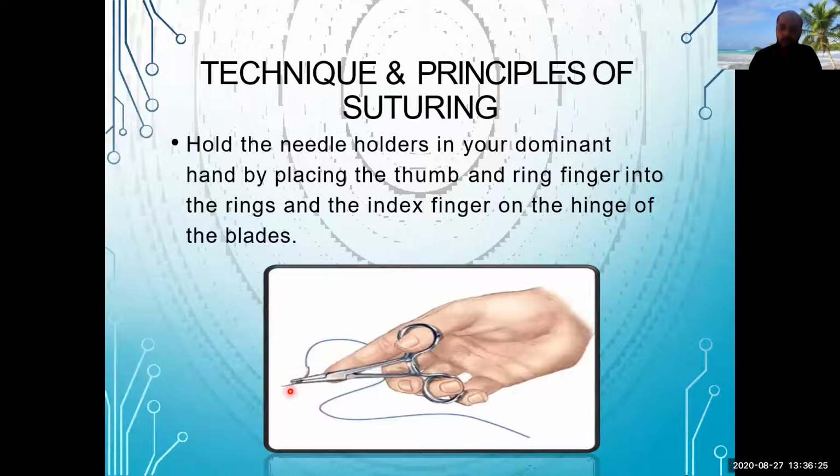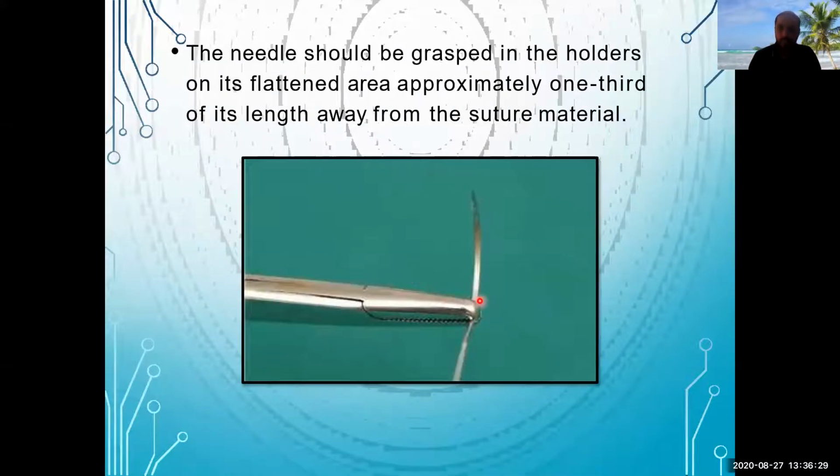And how to hold the suture needle: see, the person has held it near the tip, about one third from this end. It should be grasped in the flattened area of the holder, approximately one third of the length from the suture end.